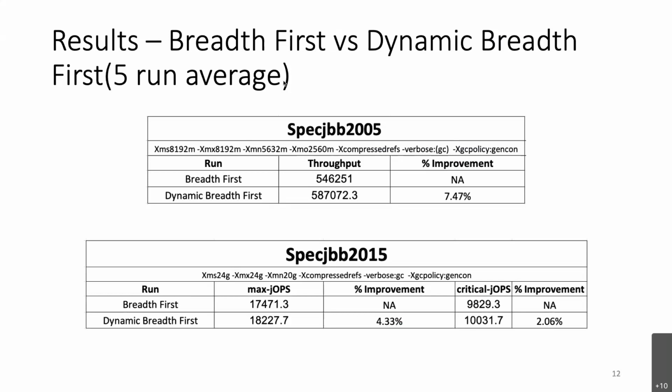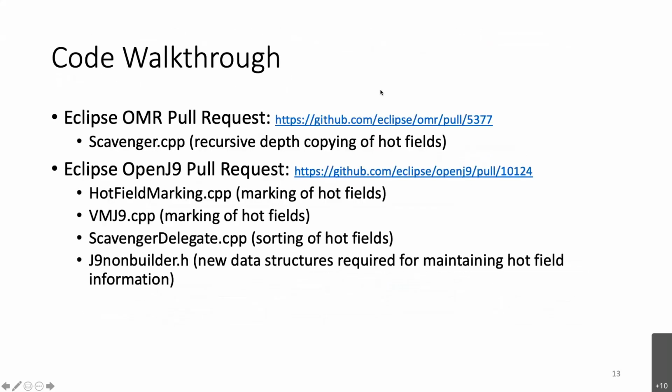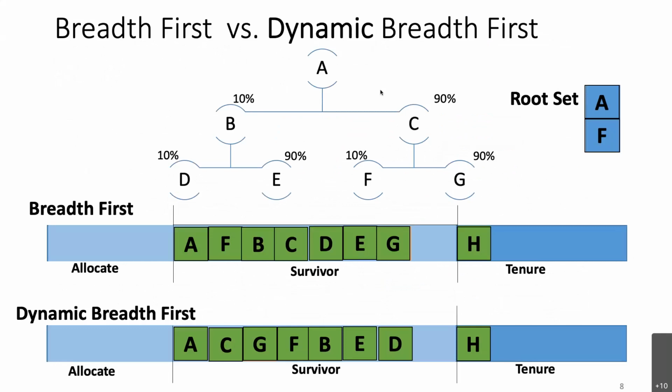Yeah, that for sure would be a possibility. I'm not sure how wide the benefits would be. If you look at this object graph, and let's say that both B and C were hot fields, so we're keeping 2 hot fields.